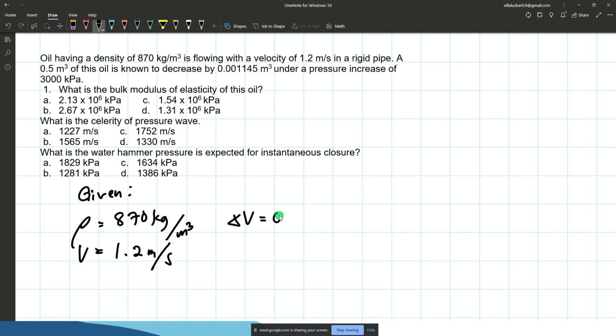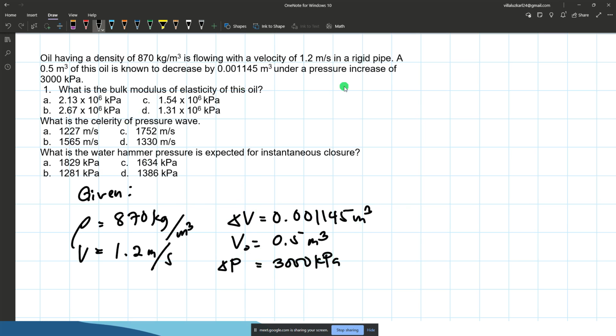Change in volume of 0.001145, a decrease in volume, cubic meters. And the initial volume is 0.5 cubic meters. Under a pressure increase of delta P of 3000 kilopascal.